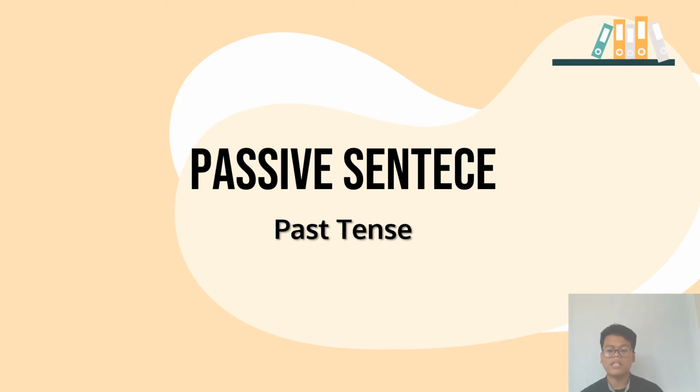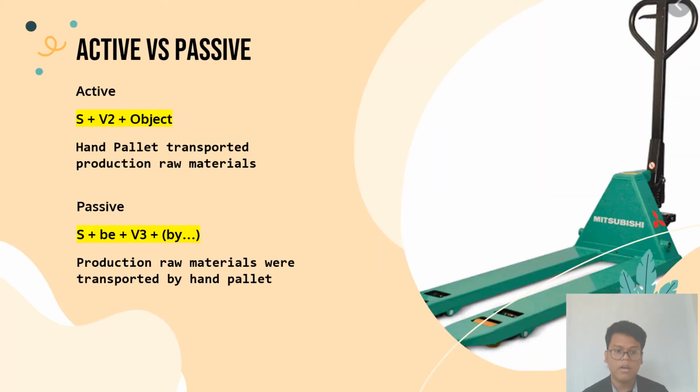So let's start to discuss passive sentence for past tense. The first example for passive voice for past tense.